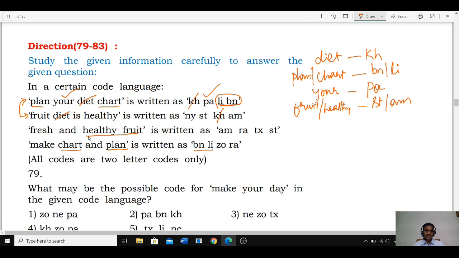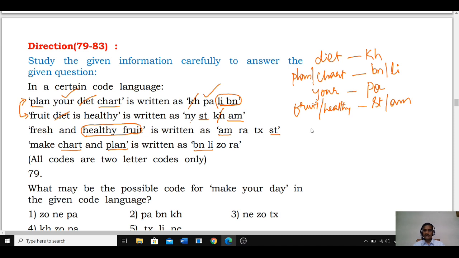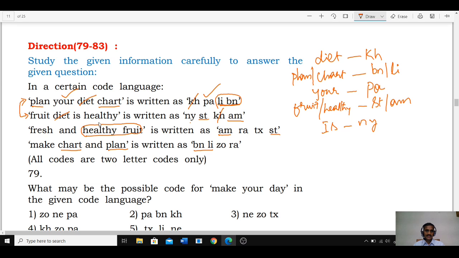Healthy and fruit, what are the codes? AM, ST. Here also we have STAM. What is left over? NY. NY is the code to the word is. Is NY. Is there is anywhere else? No. Is NY.